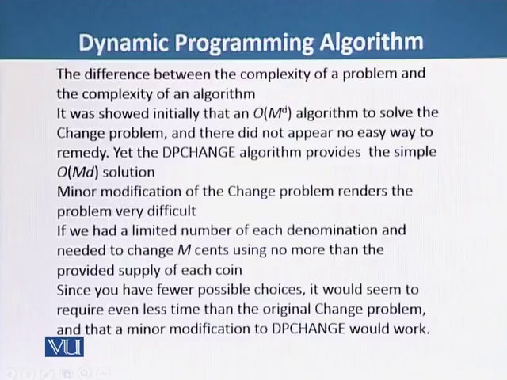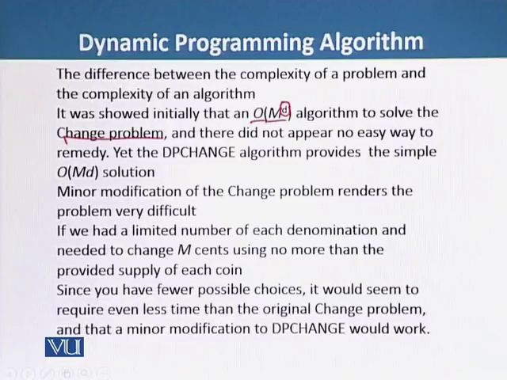Now the difference between the complexity of a problem and the complexity of an algorithm: initially the running time of the algorithm is big omega of m raised to the power d, where d is the number of denominations, and it solved the change problem.